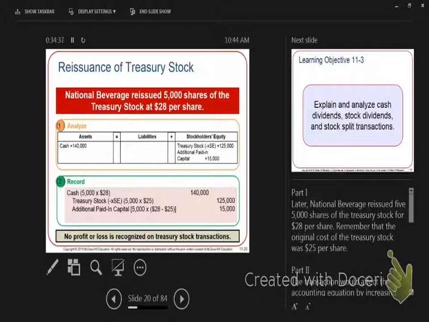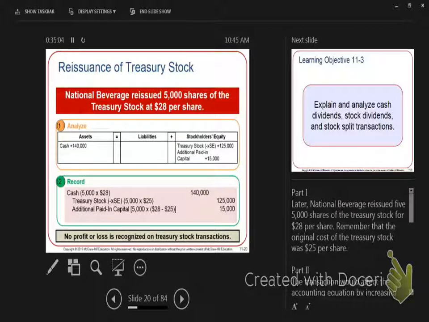Now, the example's not in here, but what would happen if I sold the stock back at $20? Would I still debit cash? I sold treasury stock back at 20 bucks. Yes. All right. So I still would have cash, 5,000 times 20, which would be 100,000.